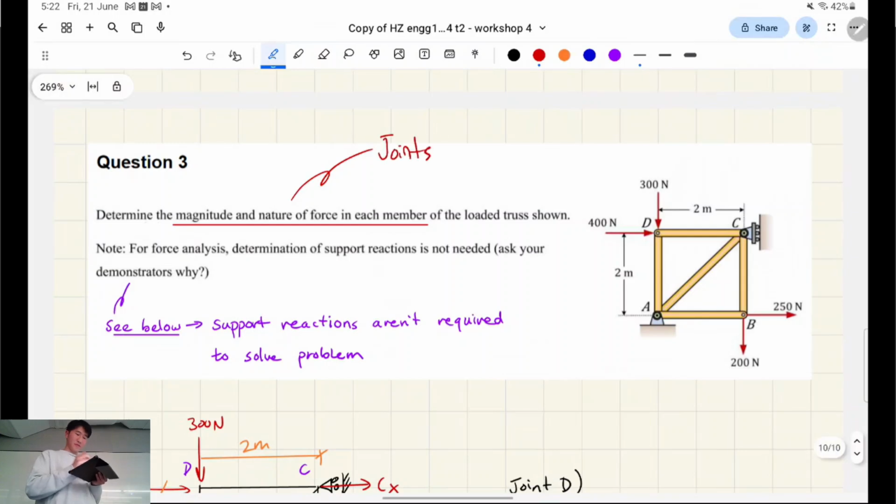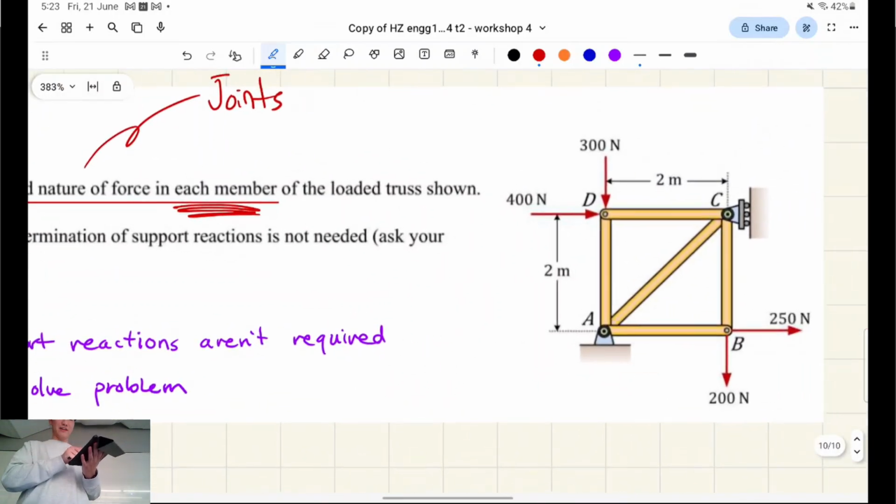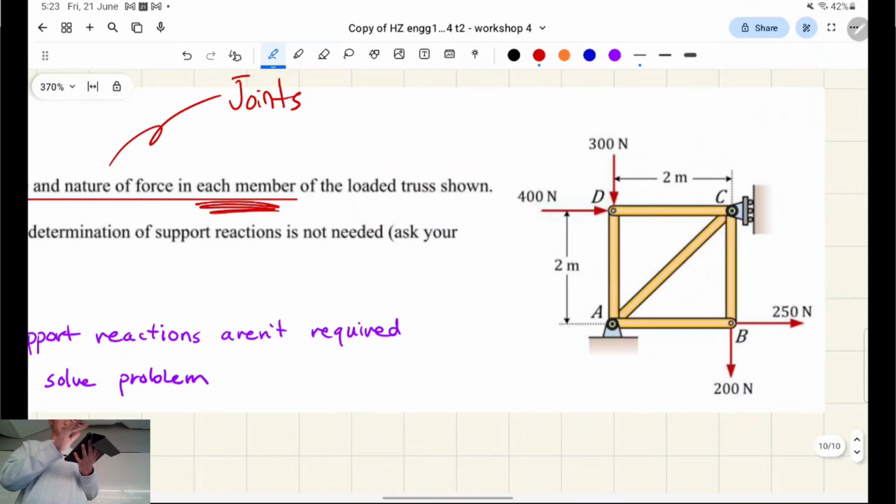You're going to use the joints method because we want all of the members, right? The question also just straight up tells you, for the analysis, determination of the support reactions is not needed, right? So we can be smart about which joints we analyze, right?